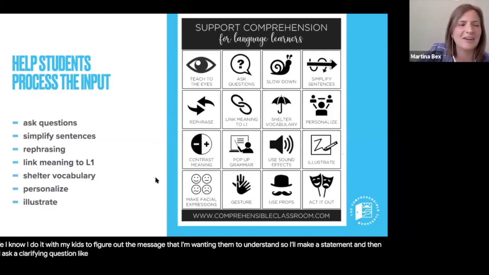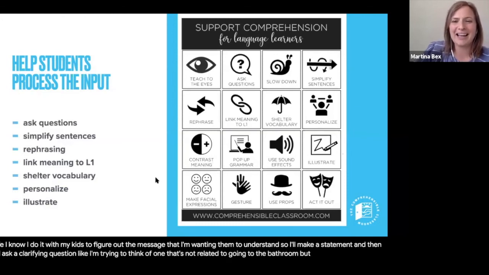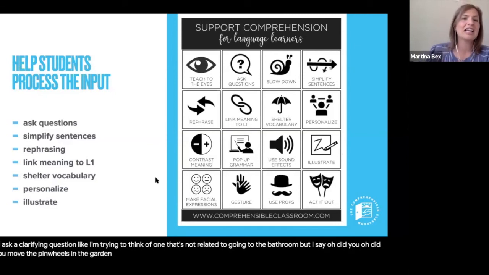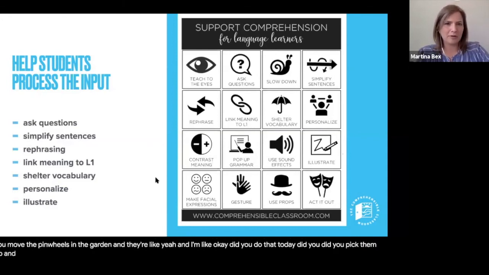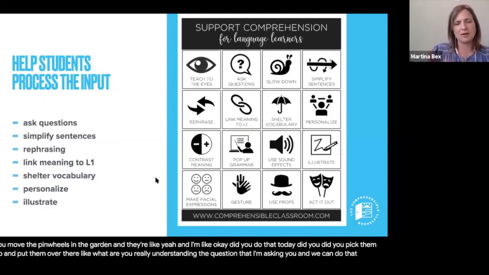I say, did you move the pinwheels in the garden? And they're like, yeah. And I'm like, okay, did you do that today? Did you pick them up and put them over there? Like, are you really understanding the question that I'm asking you? And we can do that with our students too.